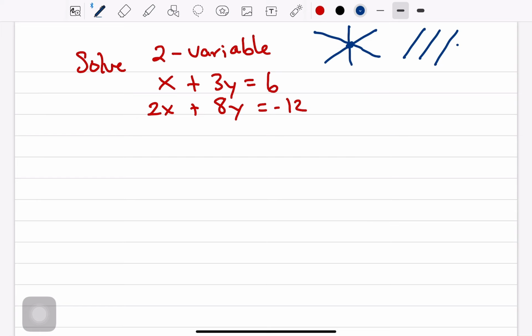And then the last one is going to be in which all lines that you draw overlap each other, and this means that they have an infinite amount of solutions. But again, we'll talk more about this in the next class, simply as review, because we've already talked about it last week. So let's get started here.